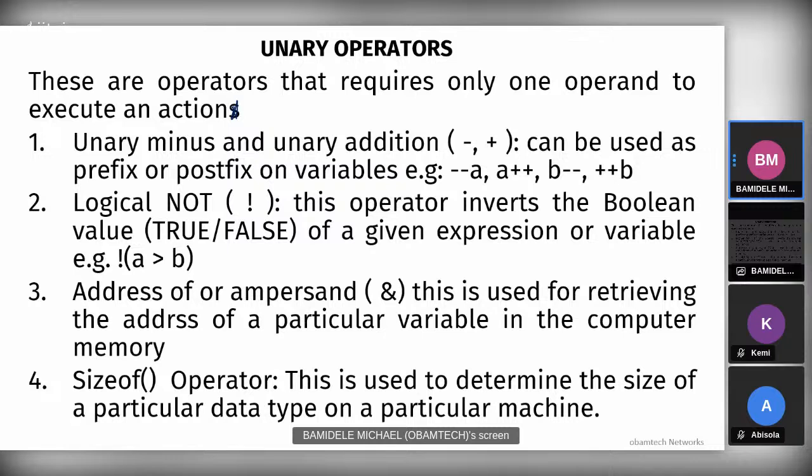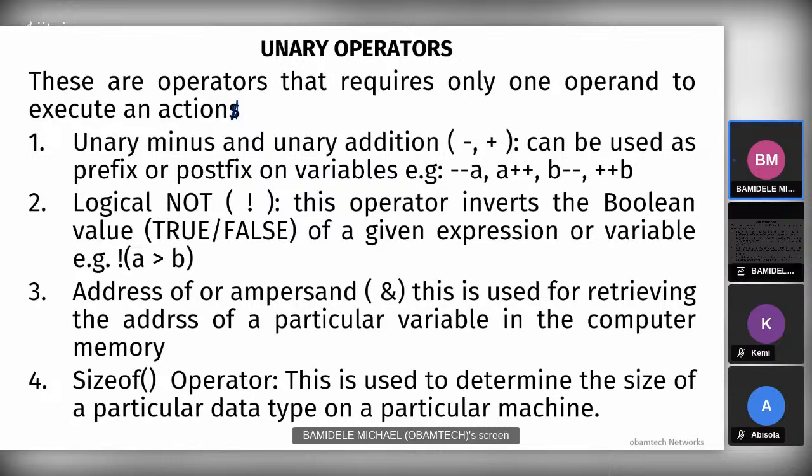Remember, when I was doing putchar under the string single character constants, we did something like increment and decrement. We just did a touch of it. So it came from this unary operator, unary minus and unary plus. Can you see? What you need to understand about the unary operator is that only one operand, only one variable, only one constant, or only one entity is required to perform or execute an action.